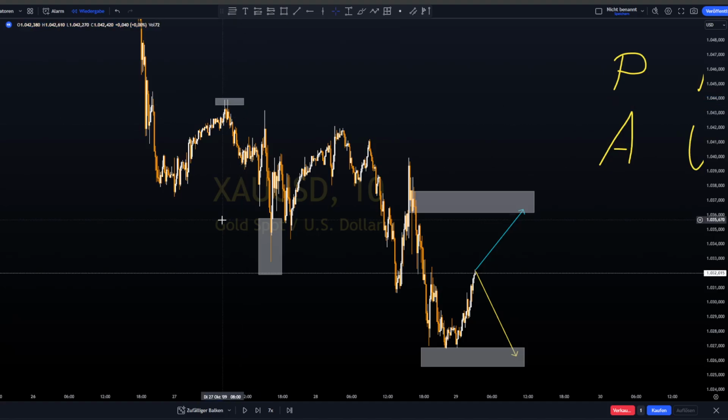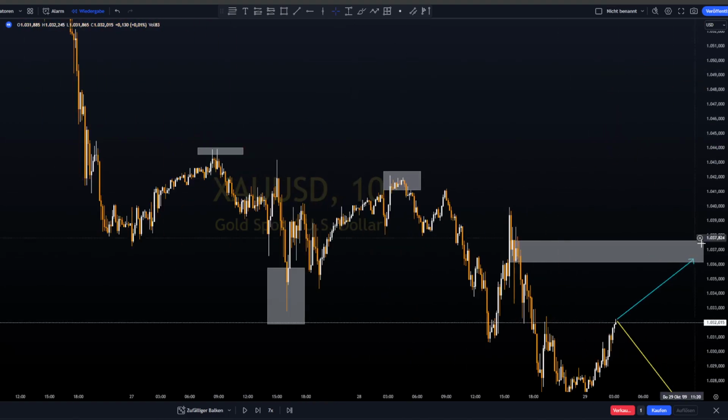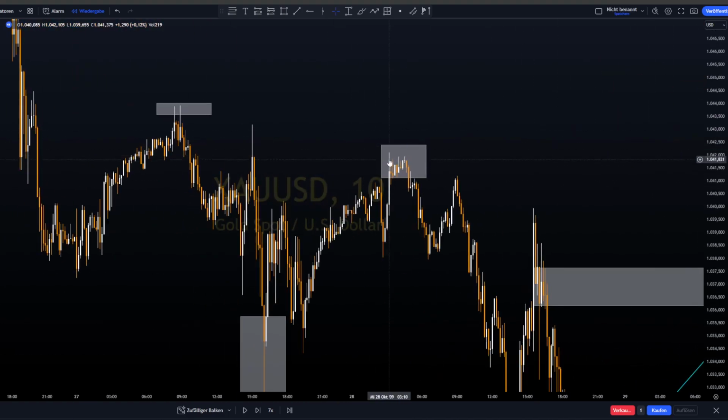For example, here, one touch, another touch, boom. Here, I need to zoom in, I think. You see, one touch, 2, 3, 4, low volume, and boom. Or low momentum is the right word.